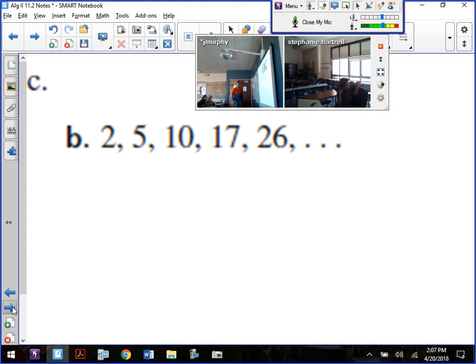This one would not be arithmetic because there's no common difference. It's plus 3, plus 5, plus 7, plus 9. What would the next one be? You could figure out the pattern, but it's not arithmetic because it's not increasing at a common rate. This is not considered arithmetic, so your answer would be no.